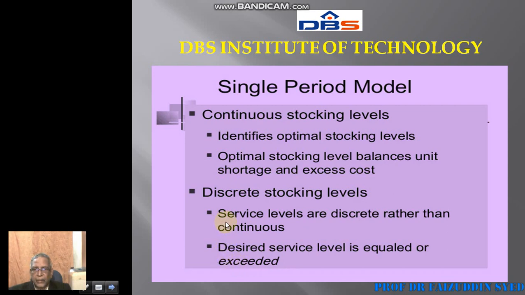In discrete stocking levels, the service levels are discrete rather than continuous. Here the desired service level is equaled or exceeded. So in single period model, continuous stocking levels and discrete stocking levels are observed.